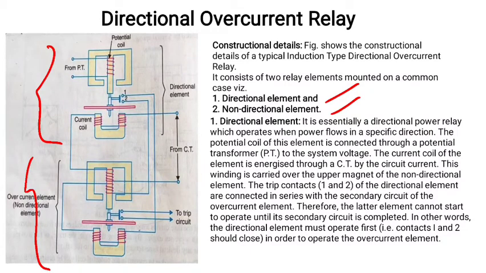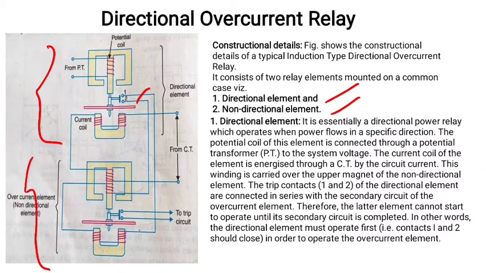The trip contacts, that is 1 and 2, of the directional element are connected in series with the secondary circuit of the overcurrent element. Therefore, the latter element cannot start to operate until its secondary circuit is completed. In other words, the directional element will operate when the contacts 1 and 2 get closed, and once they close, it will operate the overcurrent element.